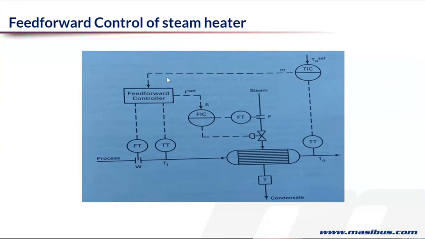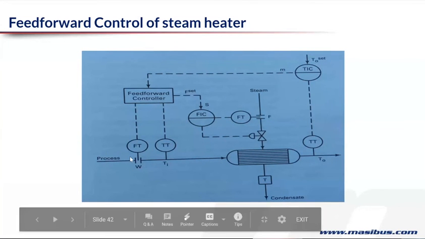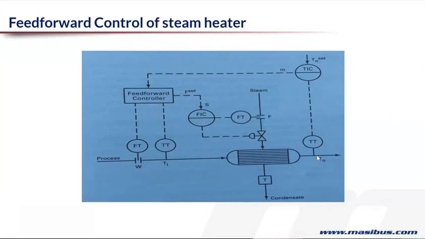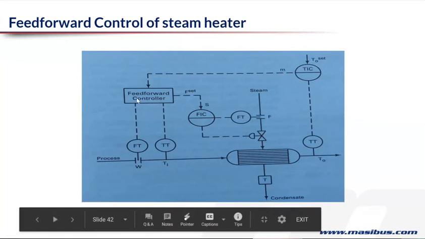The output of that, I am putting it through a feed forward controller. What are the inputs to the feed forward controller? Because I know both the inlet temperature, which is this, and the flow of this inlet media have an effect on the outlet temperature, I put both this information through the feed forward controller.